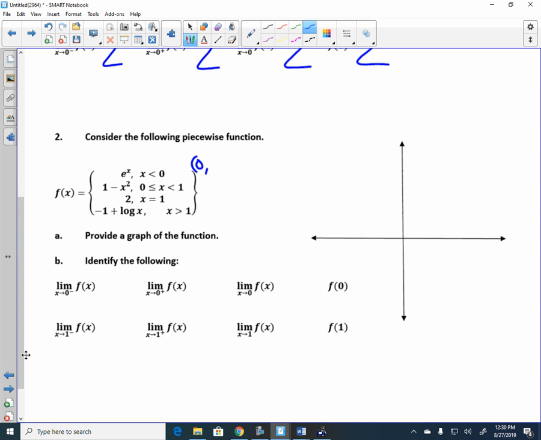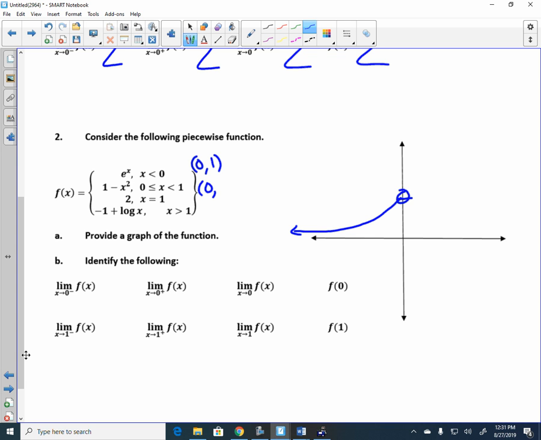All right. So let's keep those in mind. And plug in 0. 1. Open or closed? Everybody with me? 1 minus x squared. It's a parabola. I'm going from 0 to 1. I plug in 0.